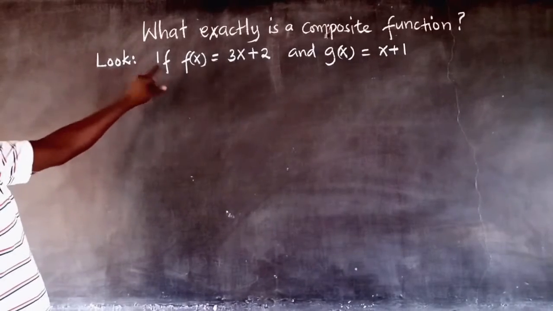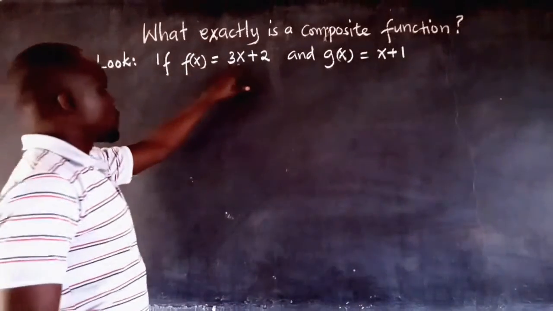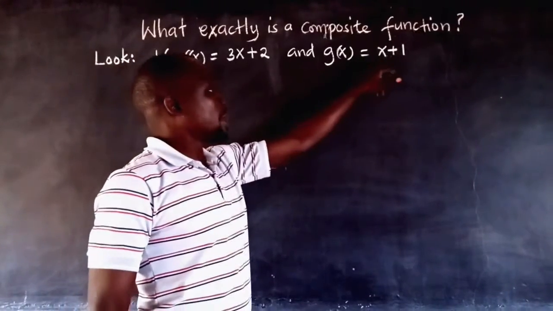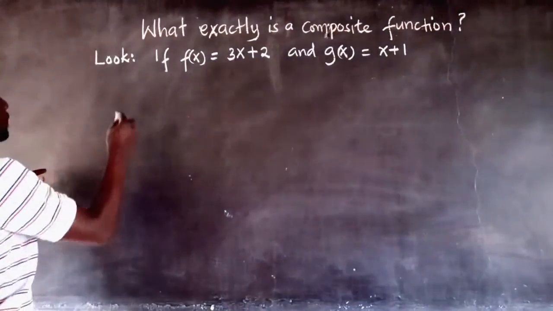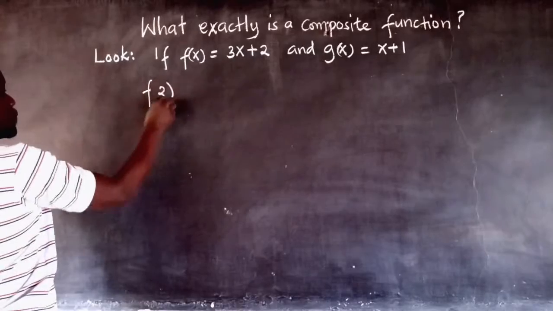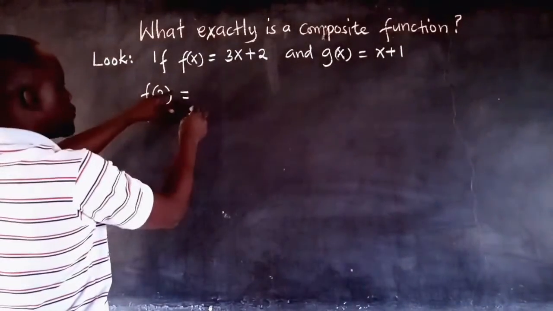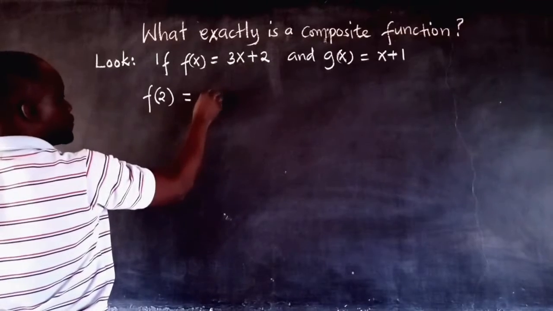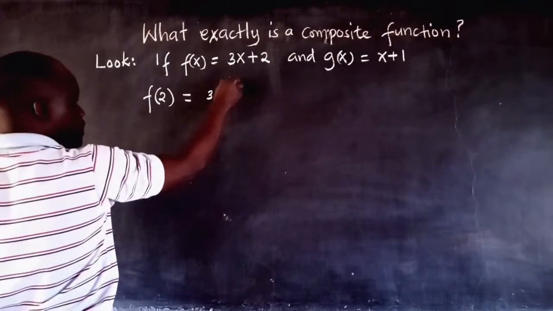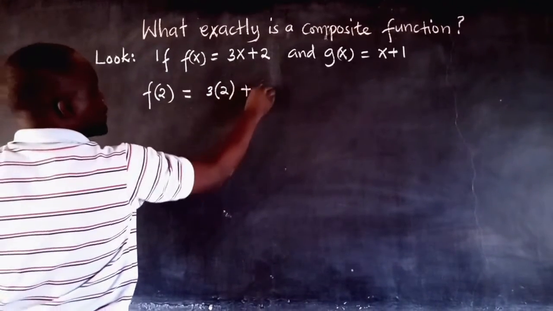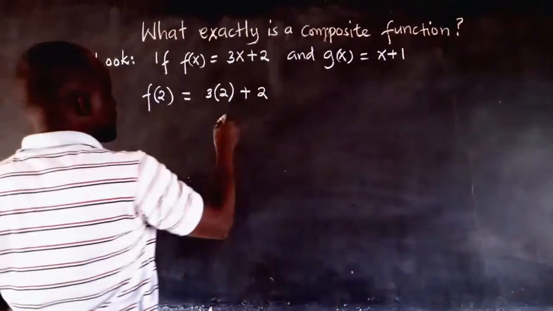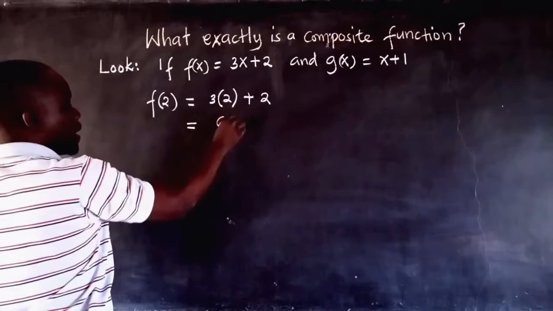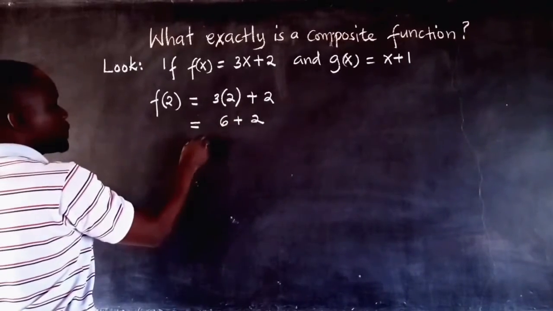Now look, if f of x is given as 3x plus 2 and g of x is equal to x plus 1, remember, if we want f of 2, in the function of f we put 2 for x, so you have 3 into 2, then you add the 2. That will give you 6 plus 2, which gives you 8.